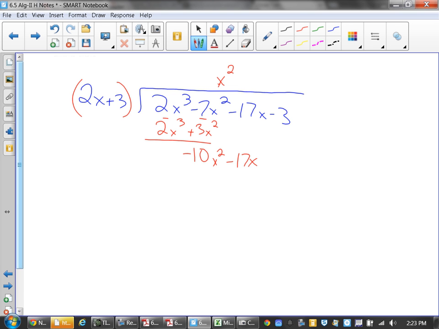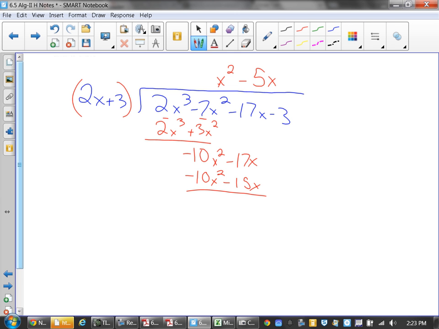Now your job is to get rid of the negative 10x squared. By negative 5x. Good. So I put the negative 5x. Distribute the negative 5x to the 2x plus 3. Are we okay with that?